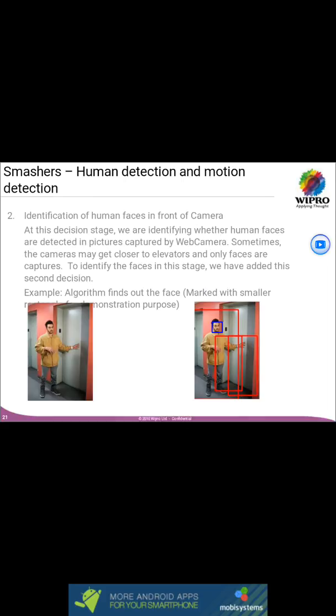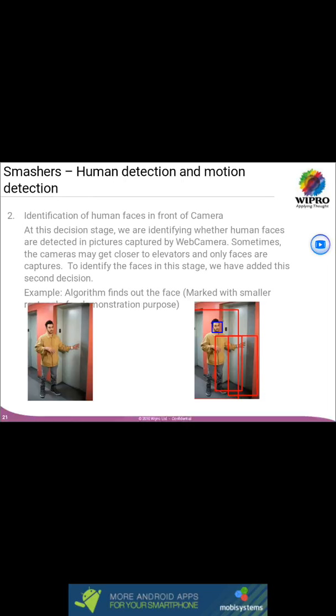And the second part is identifying the human faces in front of the camera. At this decision stage, we are identifying whether human faces are detected in pictures captured by the web camera, because there can be some instruments or other things kept in front of the elevators.